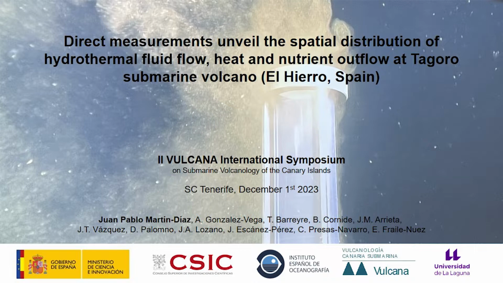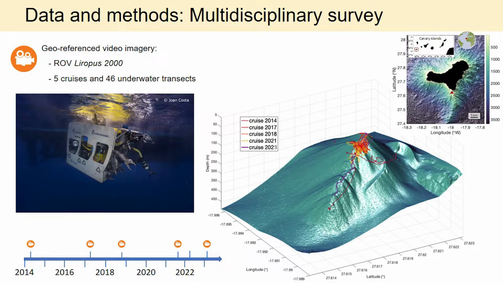So let's start. For the spatial distribution of the total active extension, we used the ROV, the Liropus 2000, and we explored the whole edifice from all the secondary cones up to the main crater over here at 127 meters depth, up to the summit over here at 88, 89 meters depth.